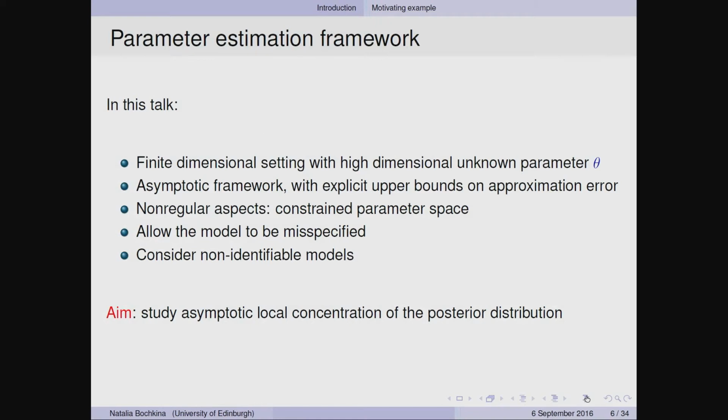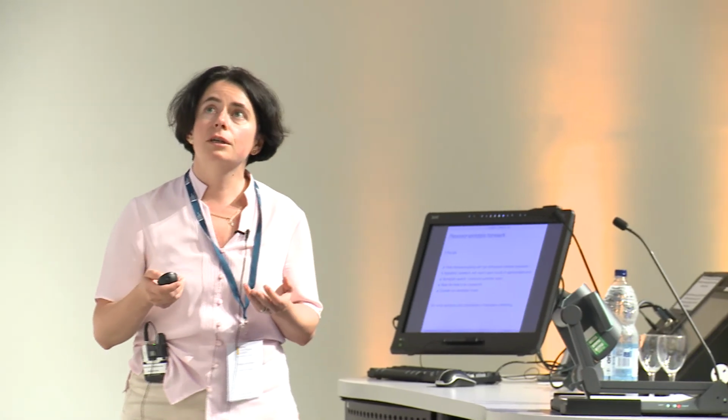Also, we allow the model to be misspecified. The results hold for a misspecified model. And through the ill-posedness, we consider a non-identifiable model. We study the local concentration of the posterior distribution around the true value of the parameter for well-posed models, and for misspecified models, around the best approximation in the considered model space.